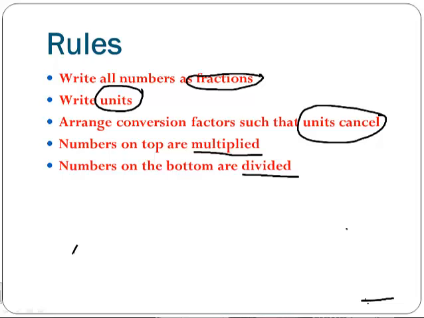You must arrange the conversion factors in such a way that units cancel. Units cancel diagonally. The numbers on the top of my railroad tracks are always multiplied. The numbers at the bottom are always divided. If you do this, you will succeed.